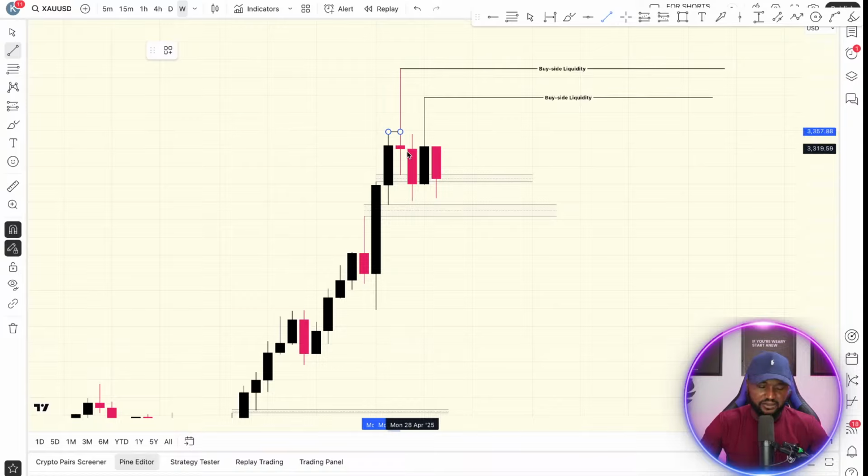Now fair value gaps are one of my favorites. I cannot hide it from you. Fair value gaps are the most powerful for me. They are the most dominant institutional reference points. You don't joke with them, all right? So the moment you see this, you should anticipate price to trade down into this before going back up.